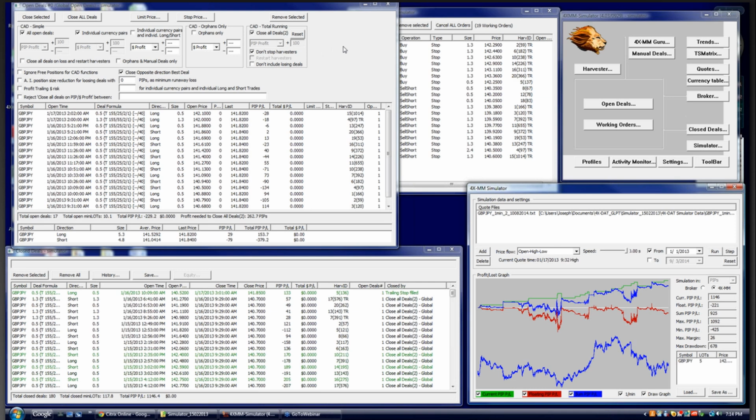We actually make those adjustments automatically by just overriding the previous setup. Excellent. That's really what happens. We'll just override the previous setup on the next close all deals.